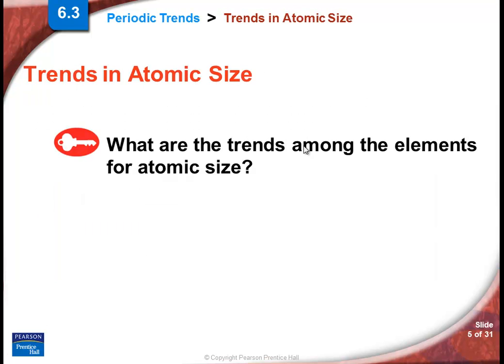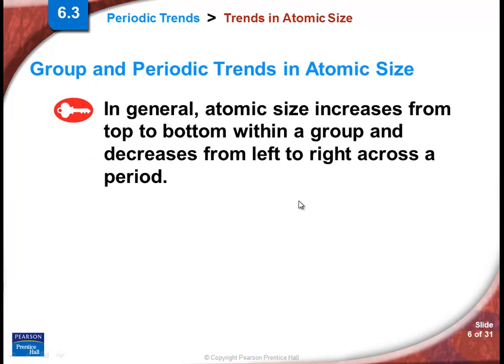Okay? All right. Now we need to move on to the second aspect, which is the trends in atomic size. I mentioned one of the trends when we were talking about the halogens on the last slide, right? The size of the atoms gets bigger as we go down a group. So what are the trends? Well, in general, atomic size increases from top to bottom within a group, but here's what's weird: they tend to decrease as you go from left to right across a period.